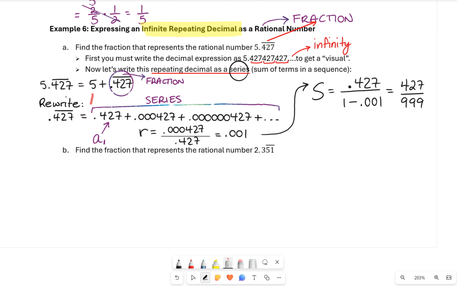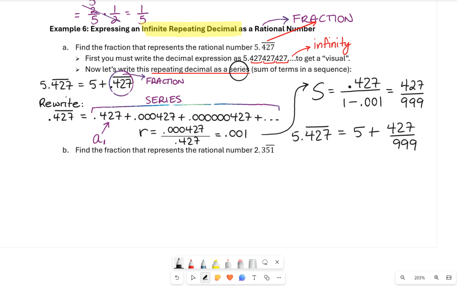I'm looking to rewrite this. So I have to not forget, I have to add 5 to the answer that I just got for 0.427 repeating. So let's go do that. My 5.427 repeating says that I have to take the 5 and add it to 427 over 999.